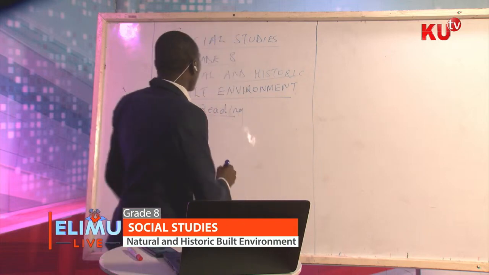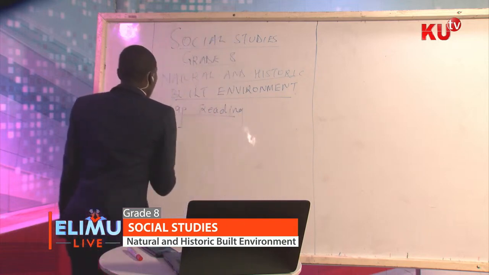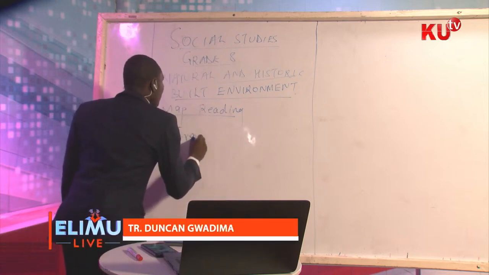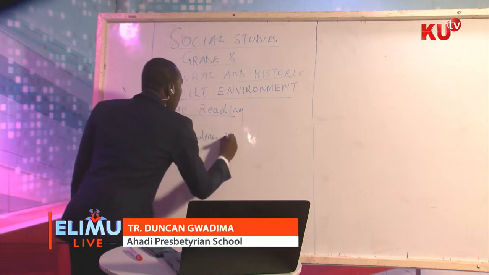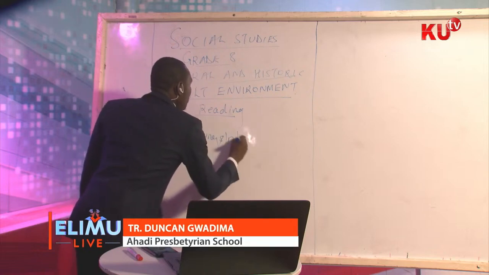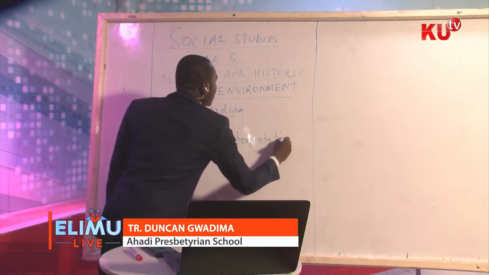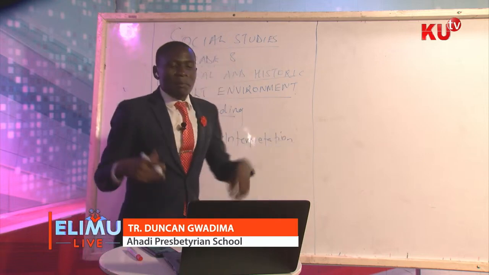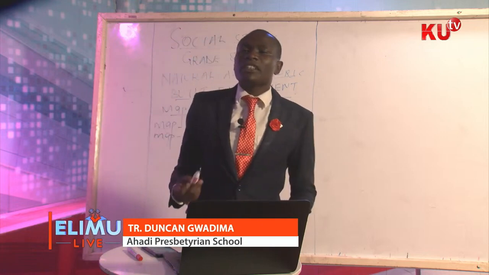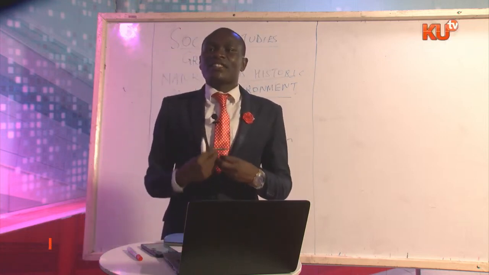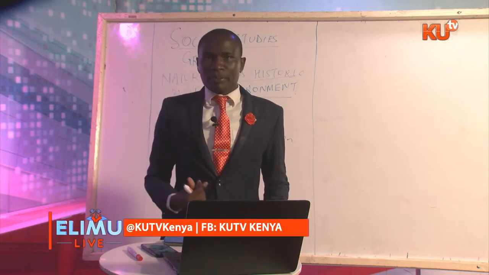After you have defined what a map is, we go to map reading and map interpretation. What do we mean by the term map interpretation? Map reading and map interpretation means analyzing and understanding the symbols that are found on a map.